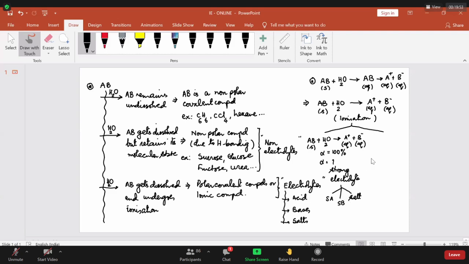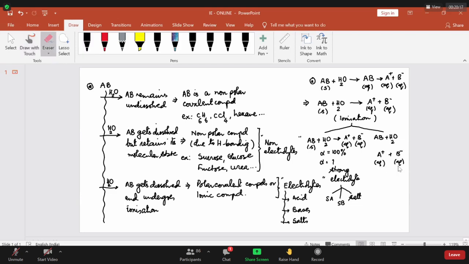No, sir. Suppose, for example, if this electrolyte AB is undergoing dissolution, but the problem is it is forming A plus aqueous and B minus aqueous. But when I have given you 100 molecules of AB, I am getting 50 A plus, 50 B minus.